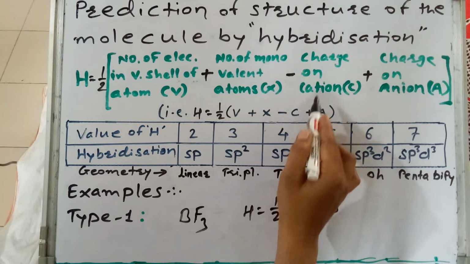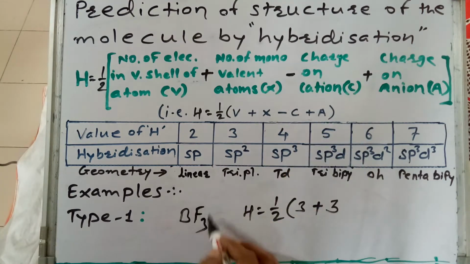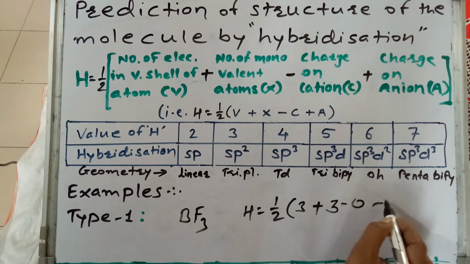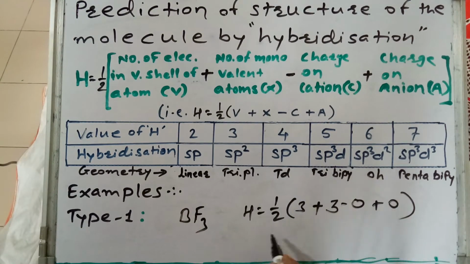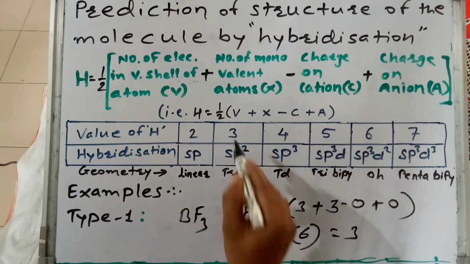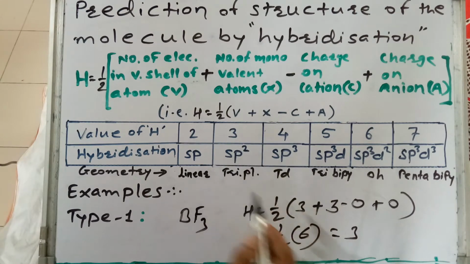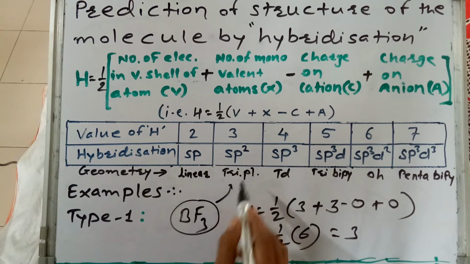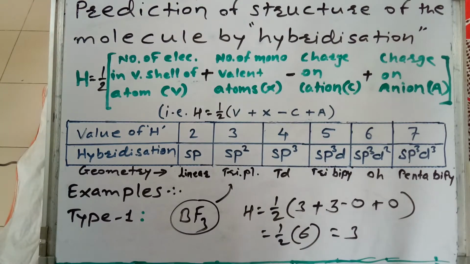Minus charge on cation, there is no charge, positive or negative, so no cation, no anion, so minus 0 plus 0. So half of 3 plus 3, that is 6, comes to 3. So H is 3, which means the hybridization is sp2, and the geometry is trigonal planar. In this way you can easily find out the hybridization of any atom in the molecule.